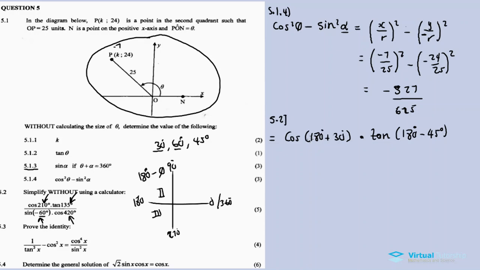I want to reduce to what? To special angles, right? How do I get this 45 degrees? I get it by saying 180 minus 135, I subtract from 180 since this is the second quadrant. For 210 I say 210 minus 180 to give me this one, but I am subtracting this time, see?